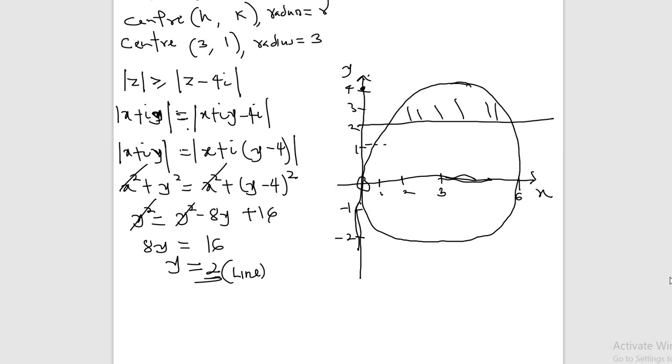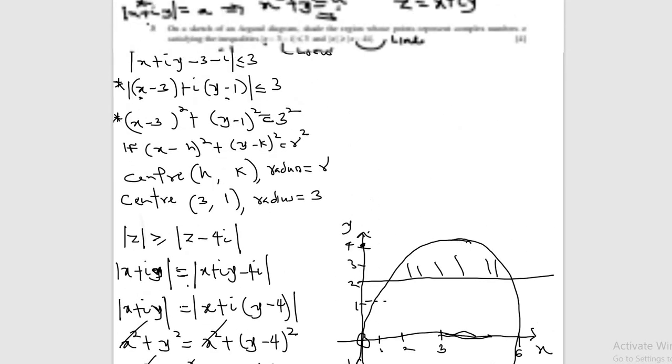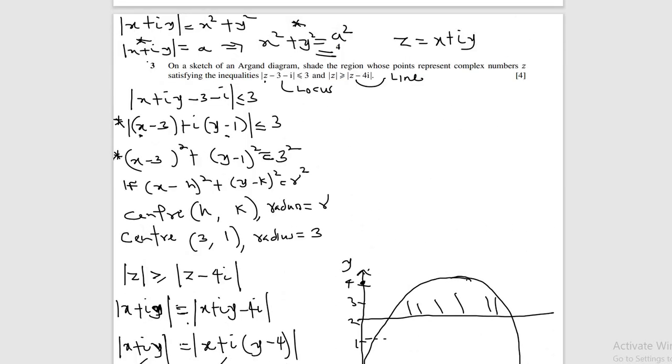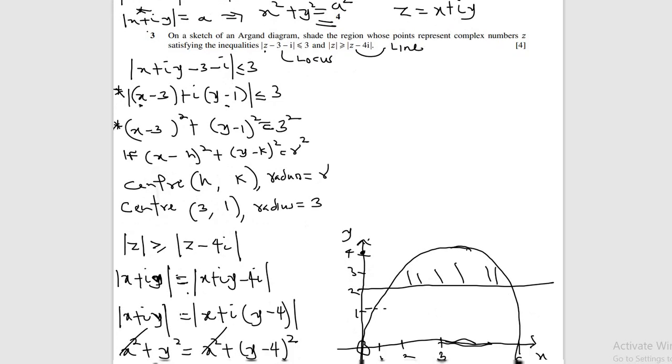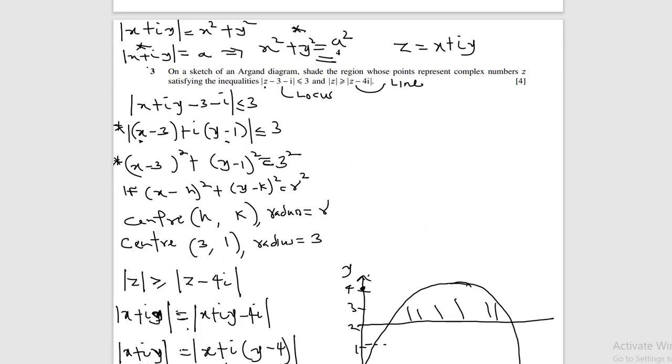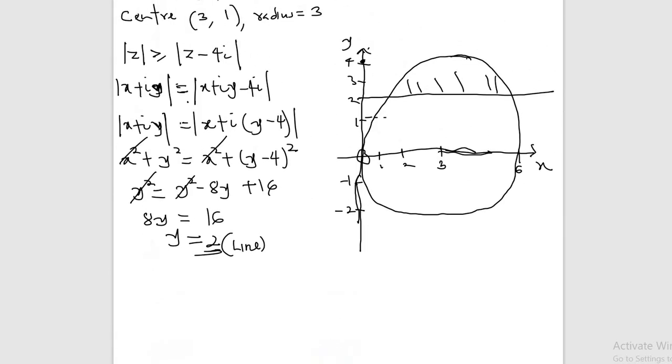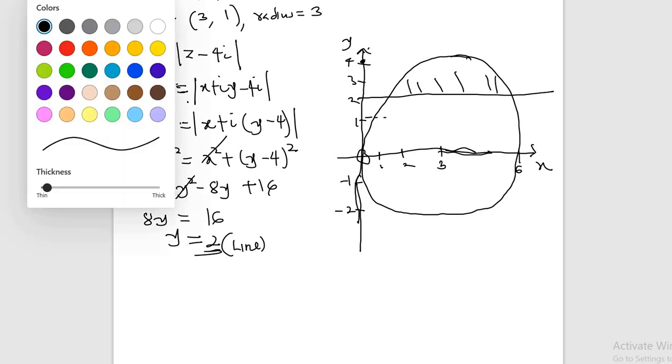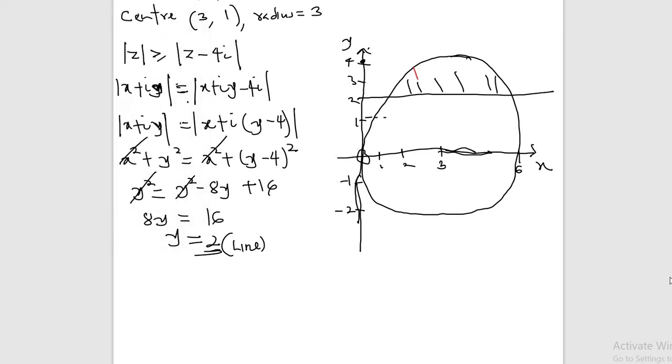Now for the circle, let's say it is less than, right? Circle is less than, which means inside the circle is less than. So this is the line, and for the circle it's coming down. This is the region we want to shade, the point of intersection of the signs.